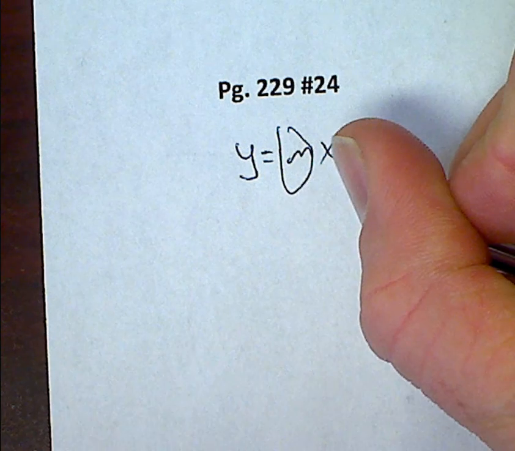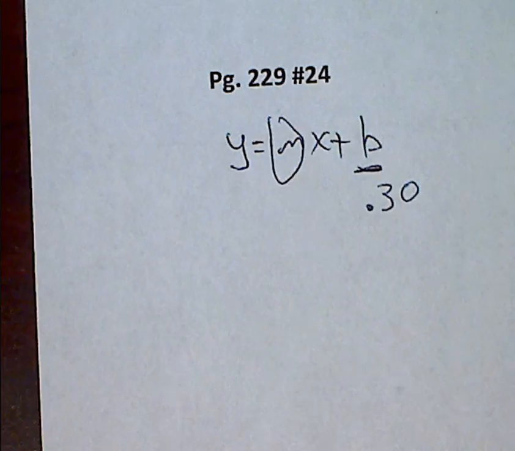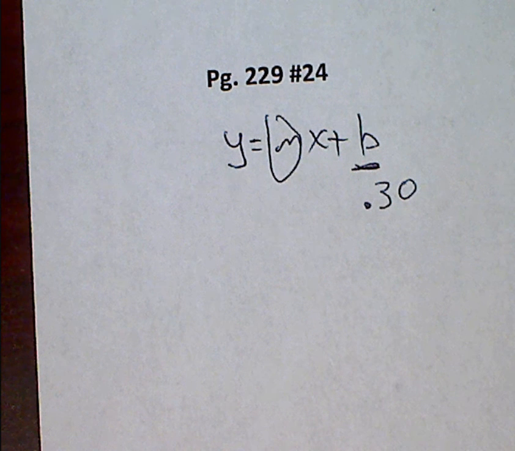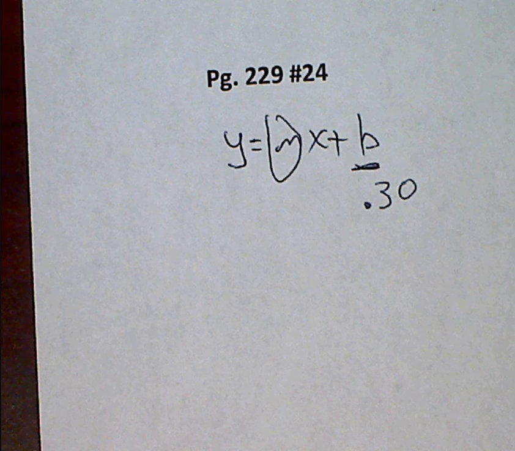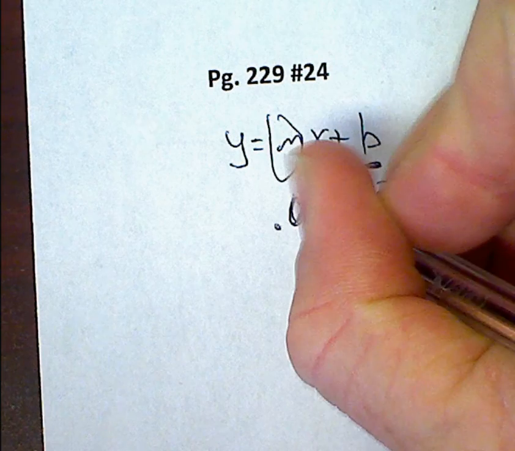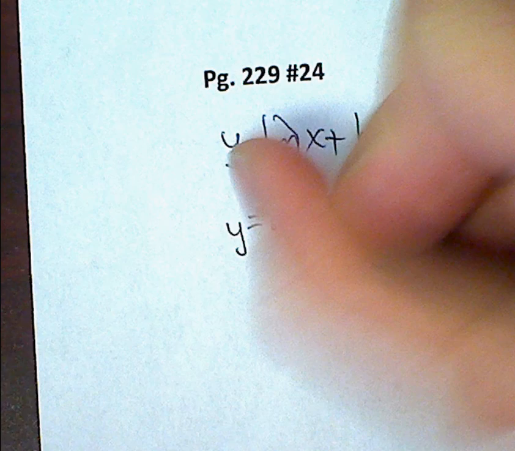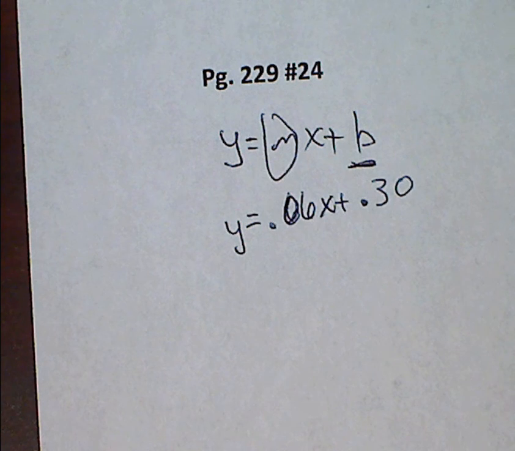So I know that my y-intercept has to be 30 cents, 0.30. Since then, the cost of a dictionary has risen an average of 6 cents per year. There's my equation.